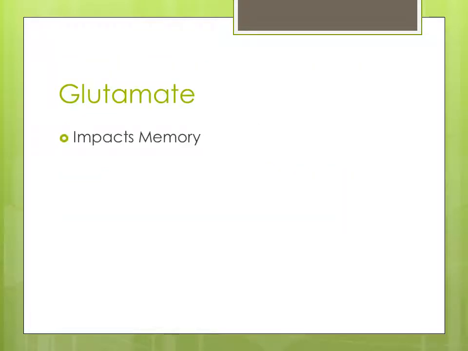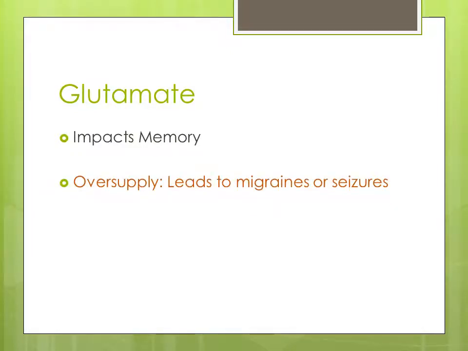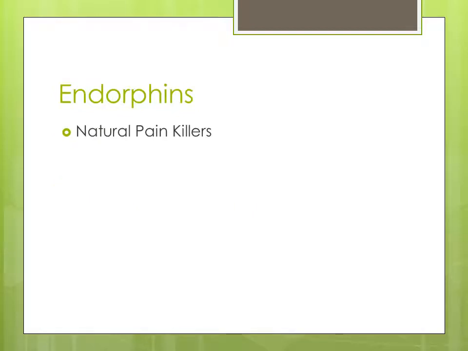Glutamate. Glutamate impacts your memory. An oversupply can lead to migraines or seizures. Endorphins are natural painkillers. They're similar to morphine.